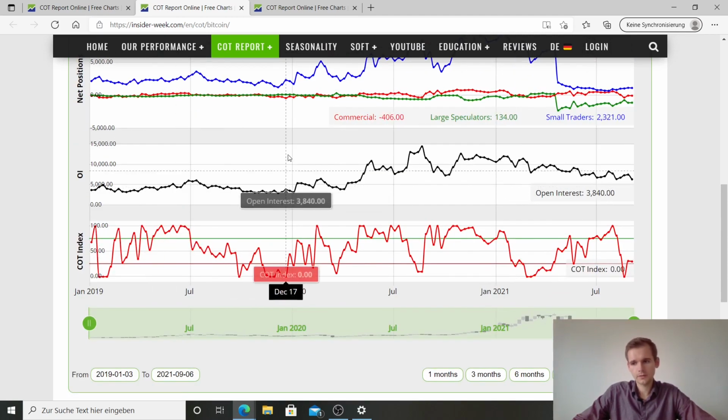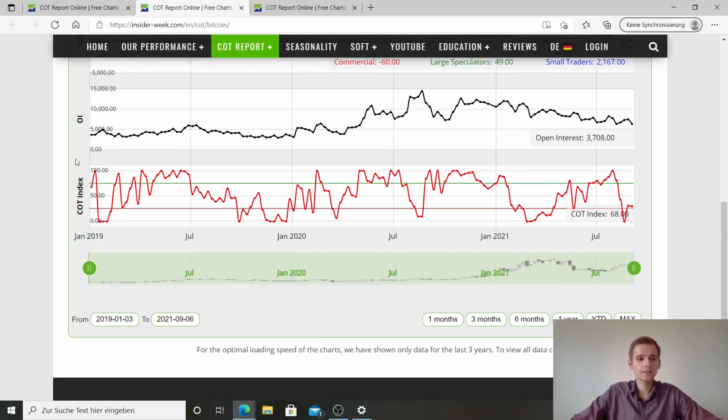Here we have the open interest, which is the number of all open futures transactions that have been made by market participants. And in the end, we have the COT index. The COT index is a very important indicator for our trading approach. We have to put the commercials' activity into context to find out whether the current value of the commercials is extremely long or short.